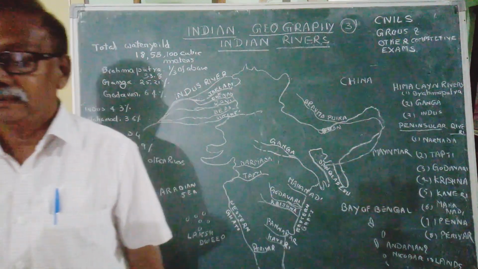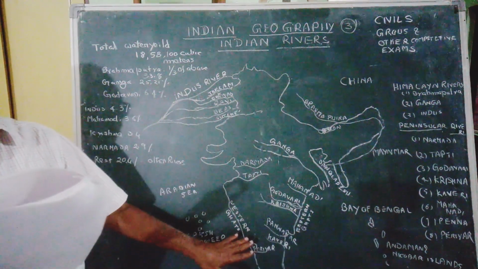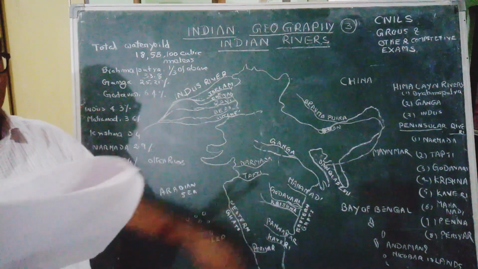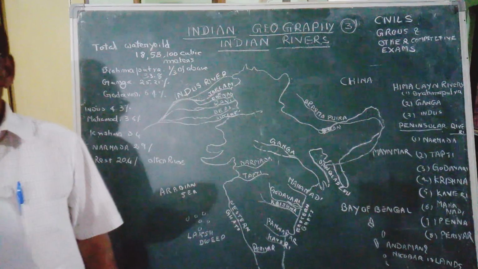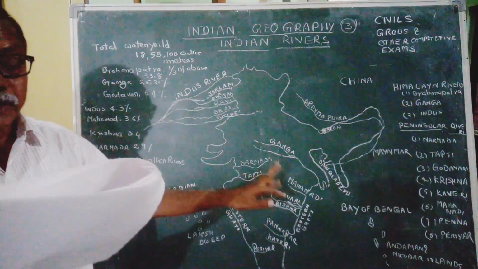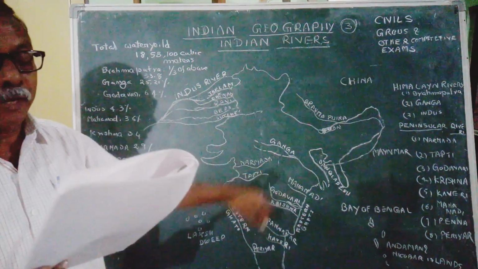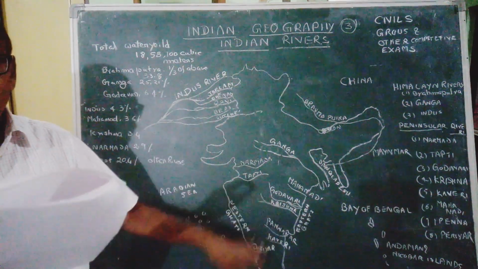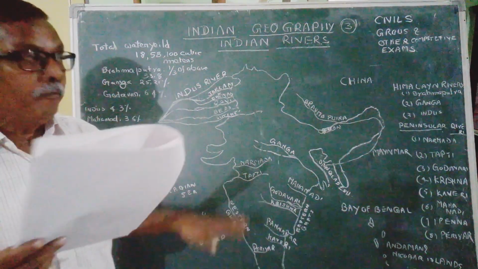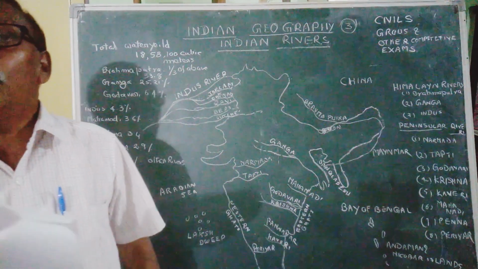Gandak, this tributary rises in Nepal, nearly at the Nepal-China border, enters the Bihar Champaran district and unites with Ganga at a place called Sonpur.